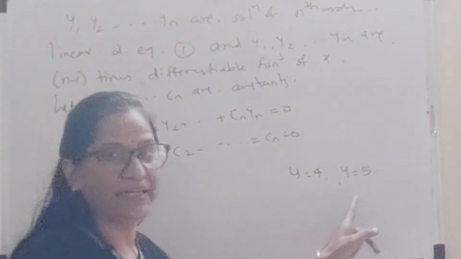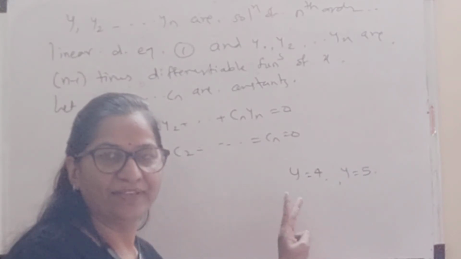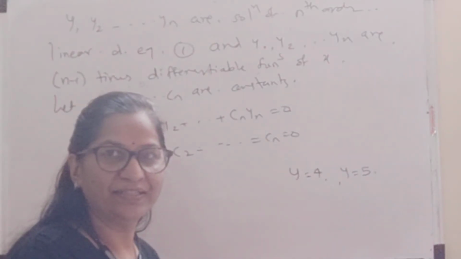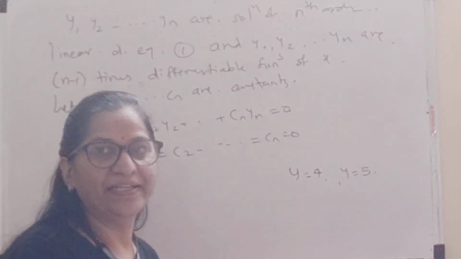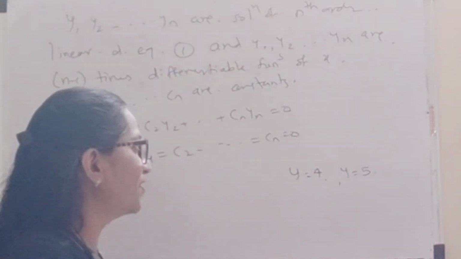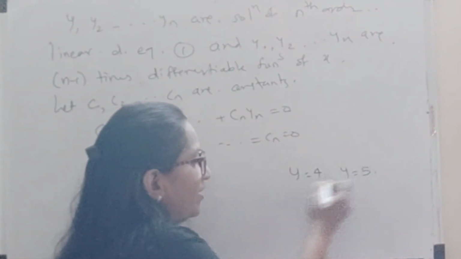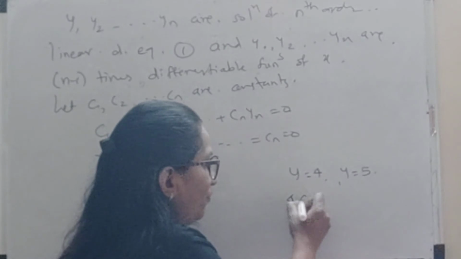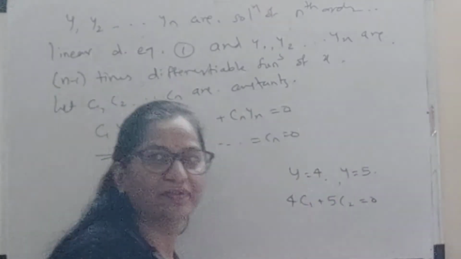Y is equal to 4 and y is equal to 5. Can it be a solution of a second order differential equation? And if so, are they linearly independent? So first of all, to check linear dependence, I'll consider a linear combination of these two solutions. So 4 into C1 plus 5 into C2 is equal to 0.